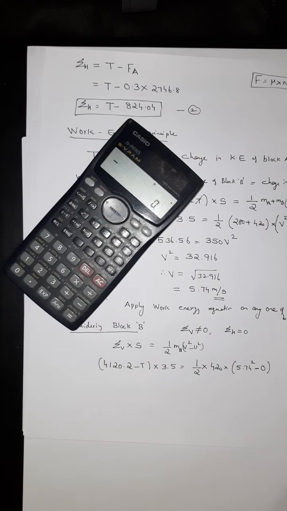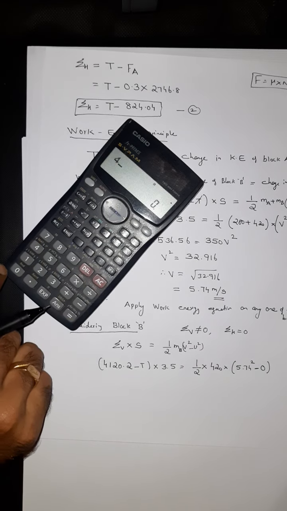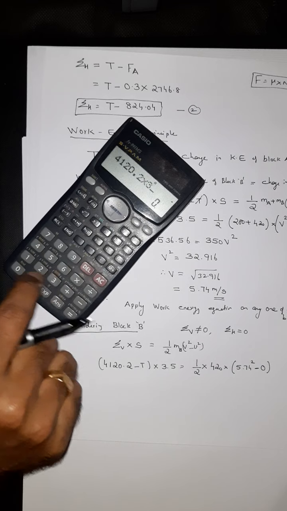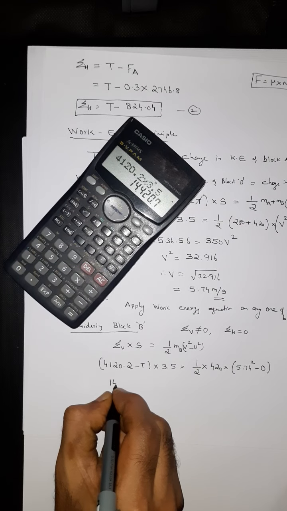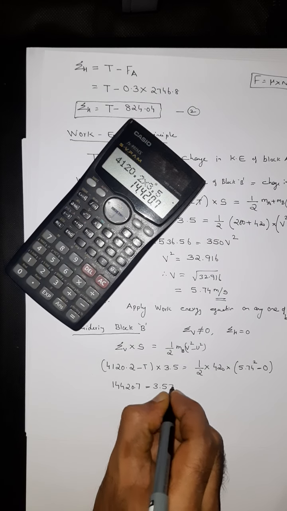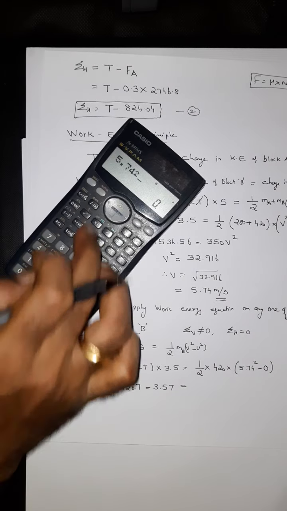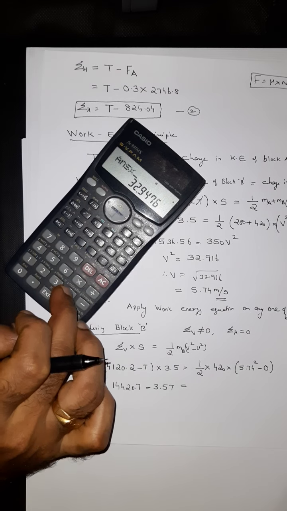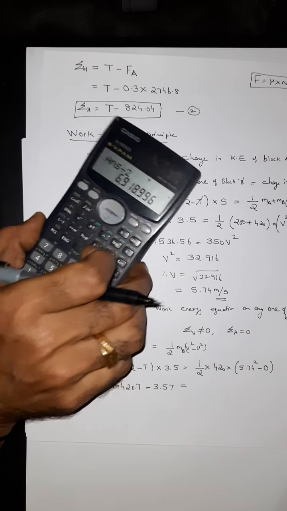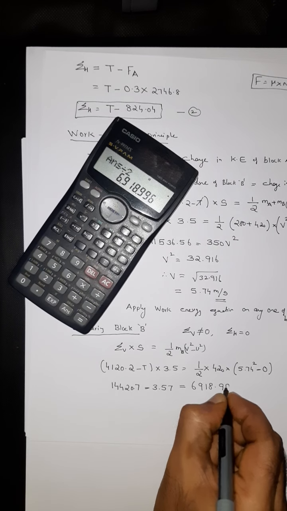4120.2 into 3.5, 14420.7 minus 3.5 T equal to 5.74 square into 420 divided by 2, 6918.996.